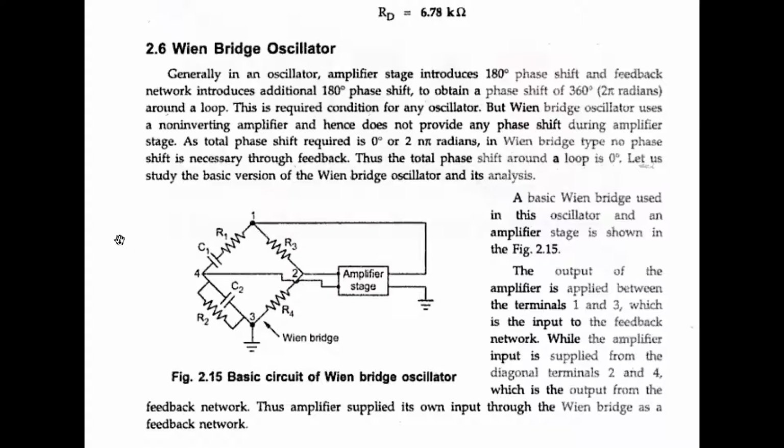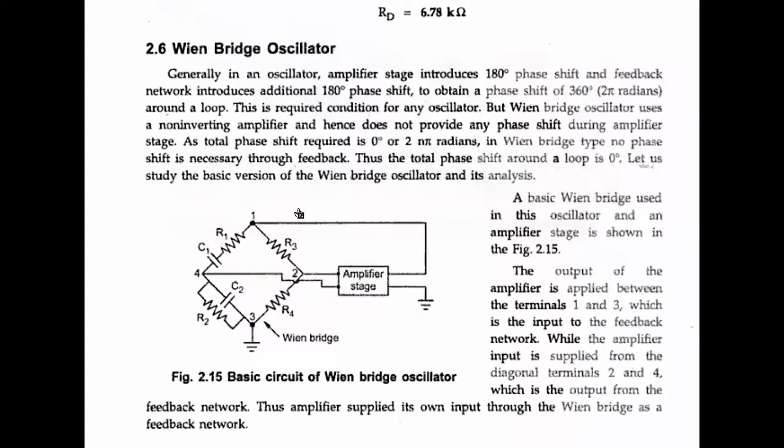Likewise, when we reduce the frequency, this one increases, and also this one increases. Again, this is limited by this particular resistance. So this is one discussion regarding this network.